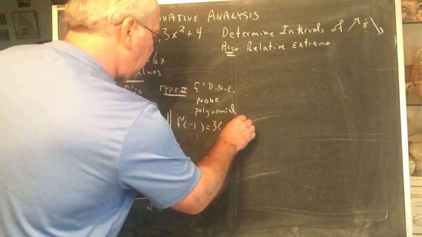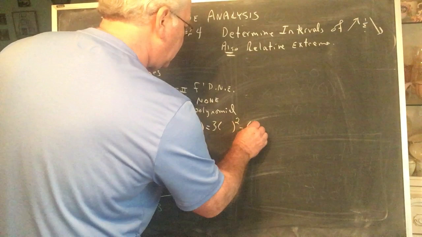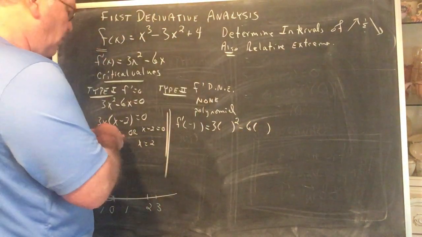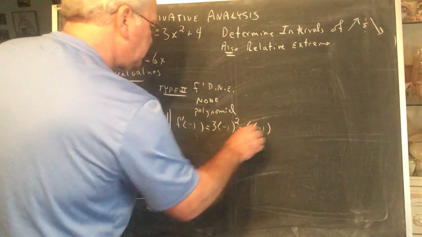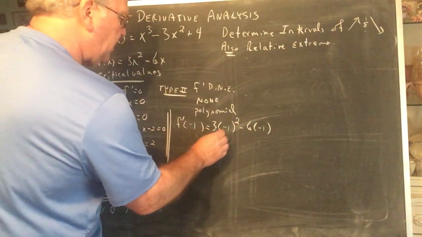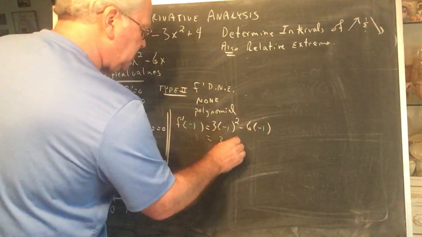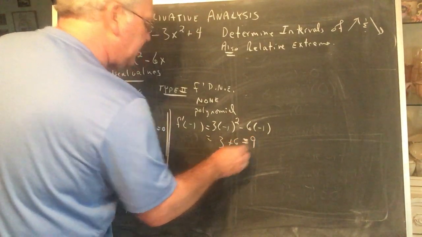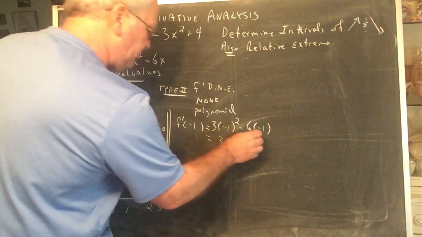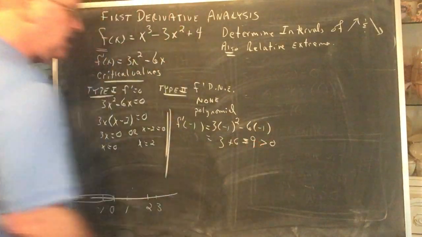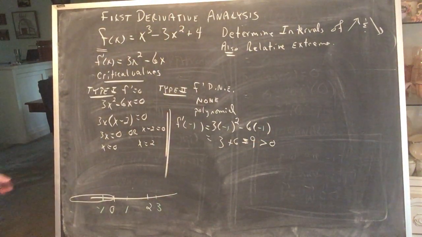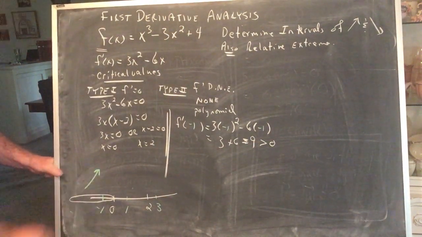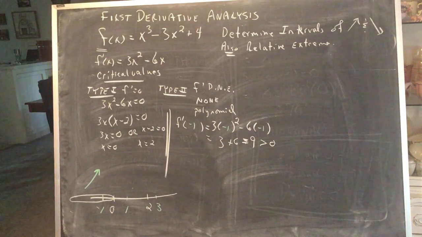So this is 3 times -1 to the second minus 6 times -1. That's 3. This is +6. This is 9. The fact that it's 9 is not the important piece. The important piece is that this is bigger than 0. If the derivative is bigger than 0, that means we know the function is increasing in that interval.